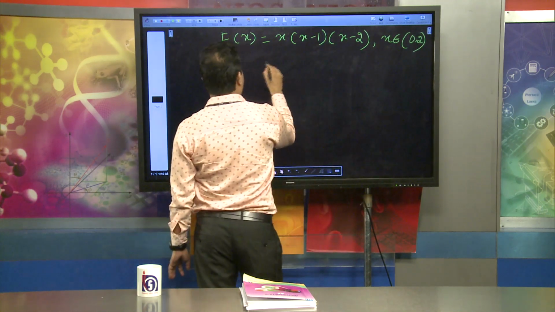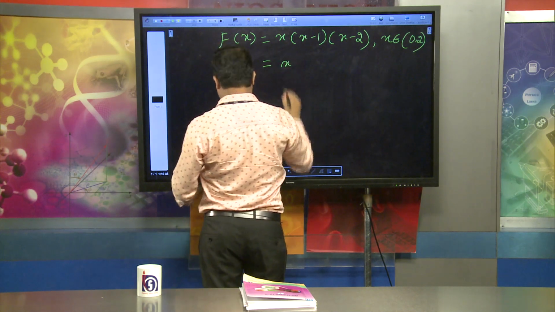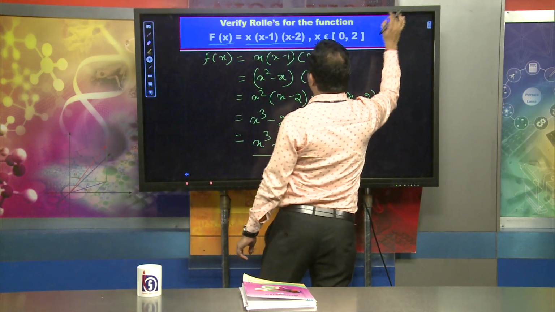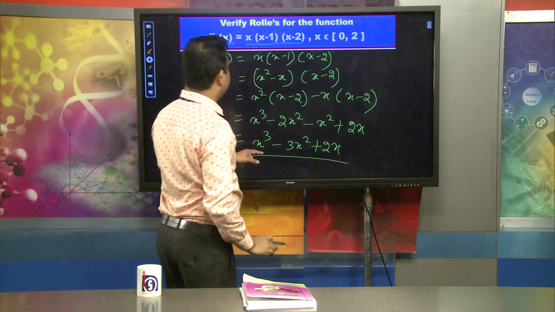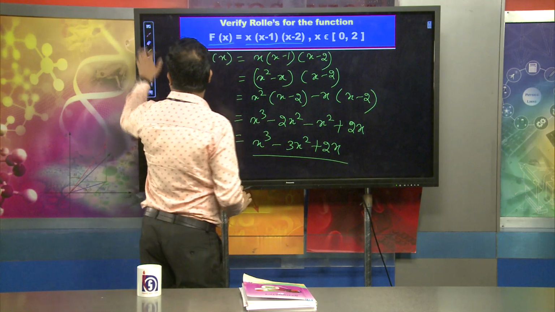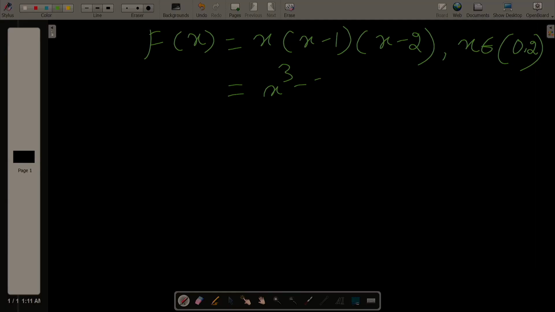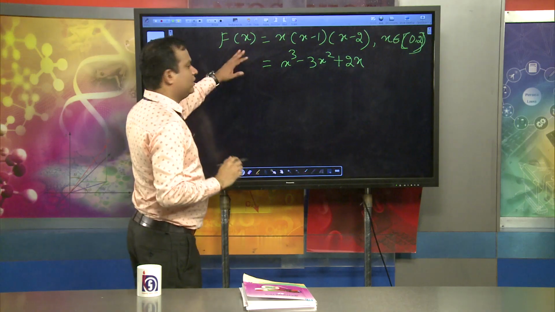And when we solve, we have already got that value, x cube minus 3x square plus 2x, with x an element of the closed interval [0, 2]. Now we have to check the first condition.